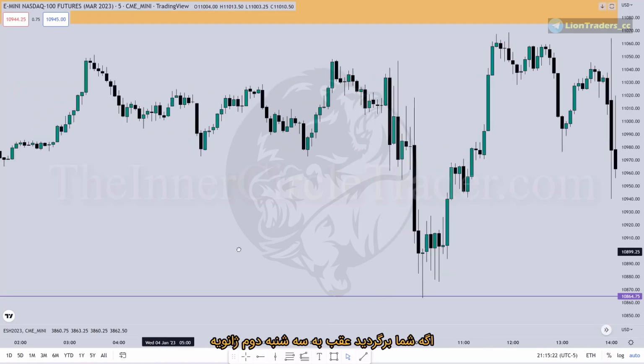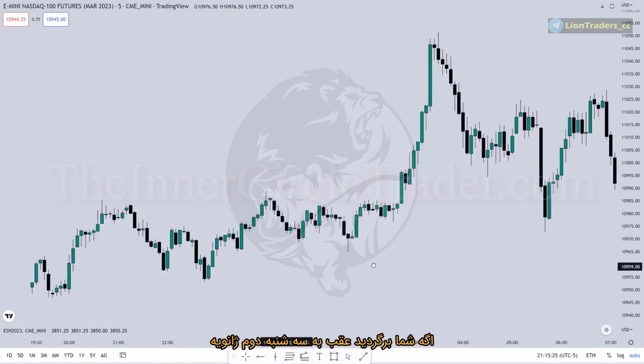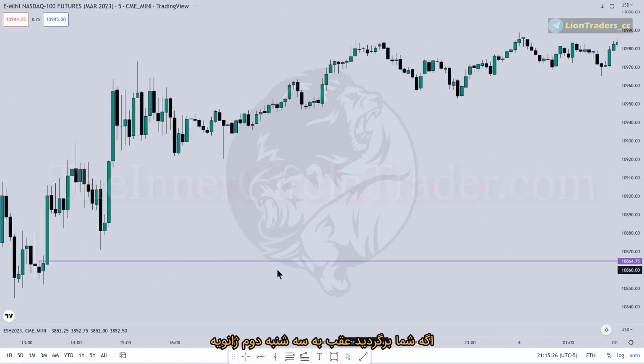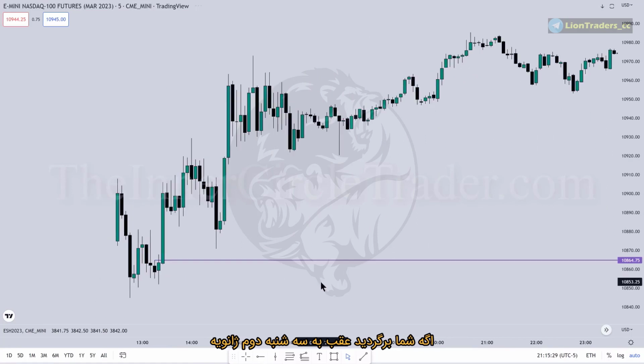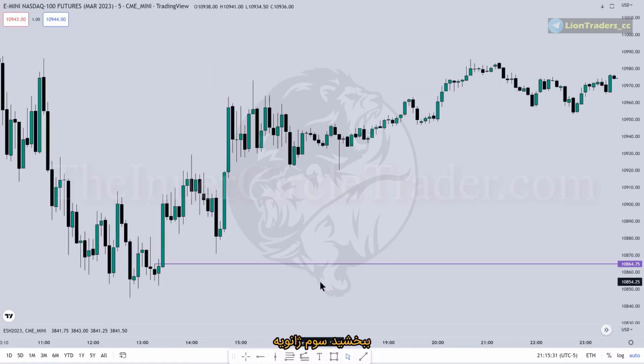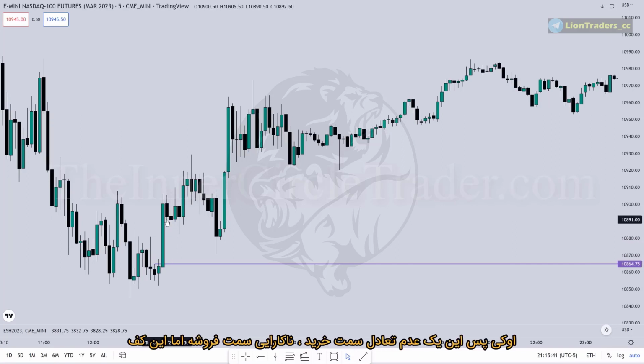If you scrub back over to the 3rd, Tuesday, January 3rd rather, you'll see that we have this down close candle and we have this movement here in price. Okay, so that's a buy side imbalance, sell side inefficiency.